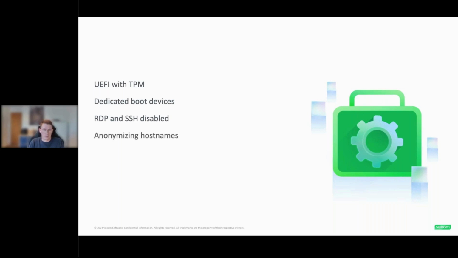That's very important. You could use anonymized host names in case you want to. Not everybody does, but the idea is to get as close to 100% security as even possible with that idea and with that concept. You also should think about a PostgreSQL database hardening.